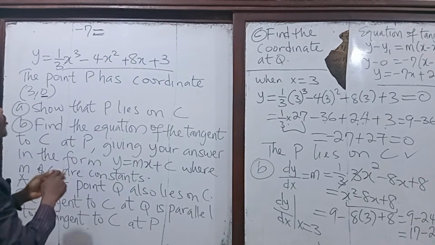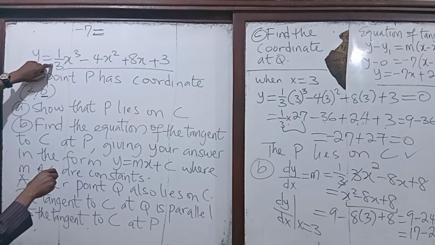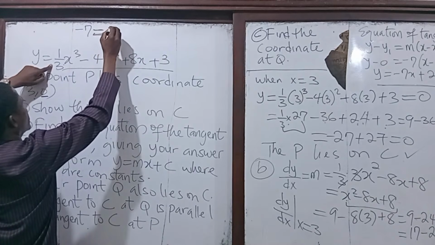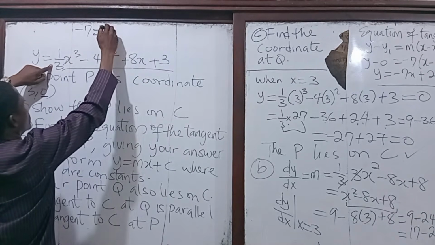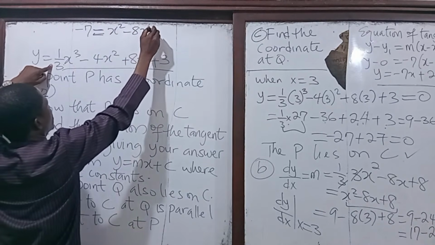The gradient at those two points is the same, and that will be equal to the derivative of this function, which is x squared minus 8x plus 8.